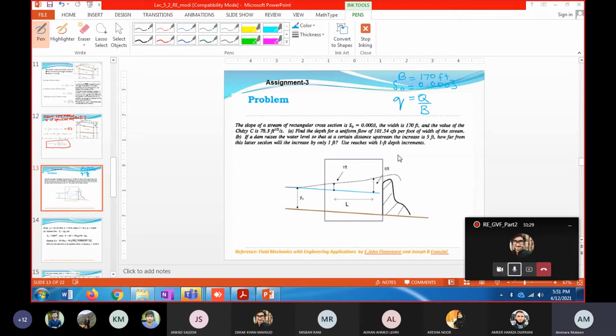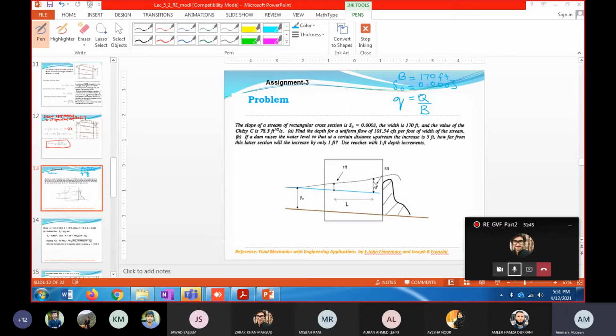So in this question, the first step is to determine this depth, so that you know the total depth here and the total depth here, as you will be inputting these total depths in the formula to calculate this length.